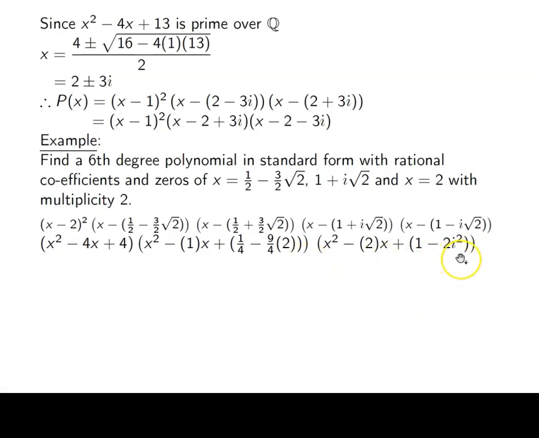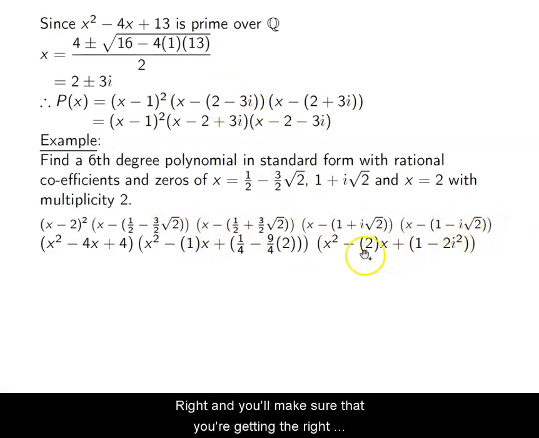Now again, maybe that was confusing to you, and that's fine if it was. That's why I asked you to go through this first. If you want to be extremely clear on what you're doing, you can distribute your negative sign across your signs, and you can do your double distribution, right? And you'll make sure that you're getting the right values. I've done this so many times in my life that that's how my brain works.